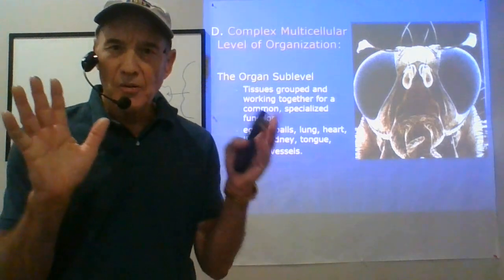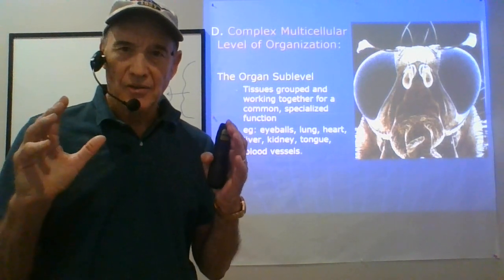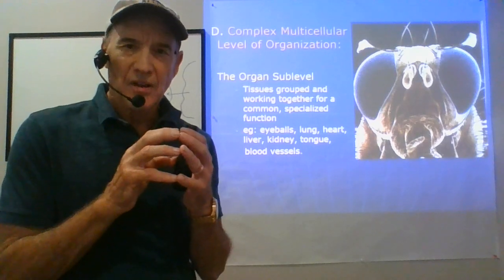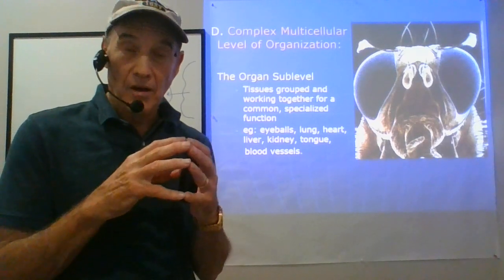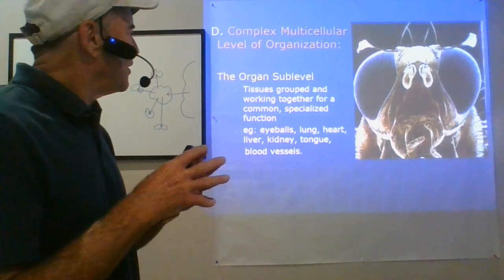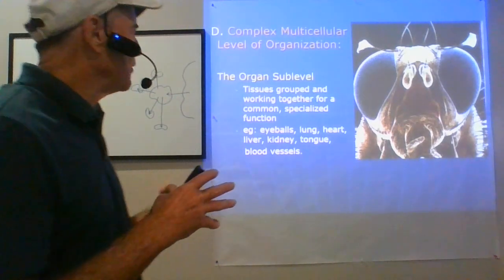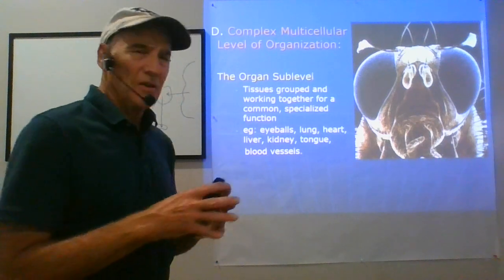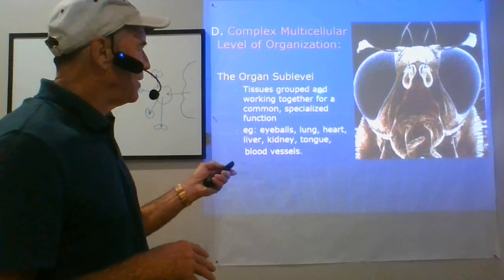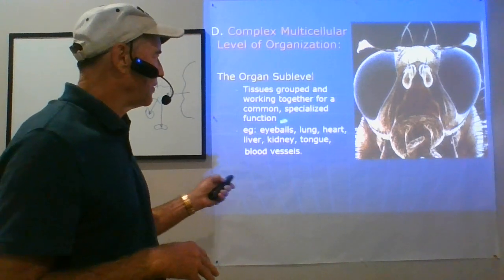Then, if you group tissues together, now you have different tissues grouped together for a common function of some sort in the body. You have an organ. Tissues grouped and working together for a common specialized function.